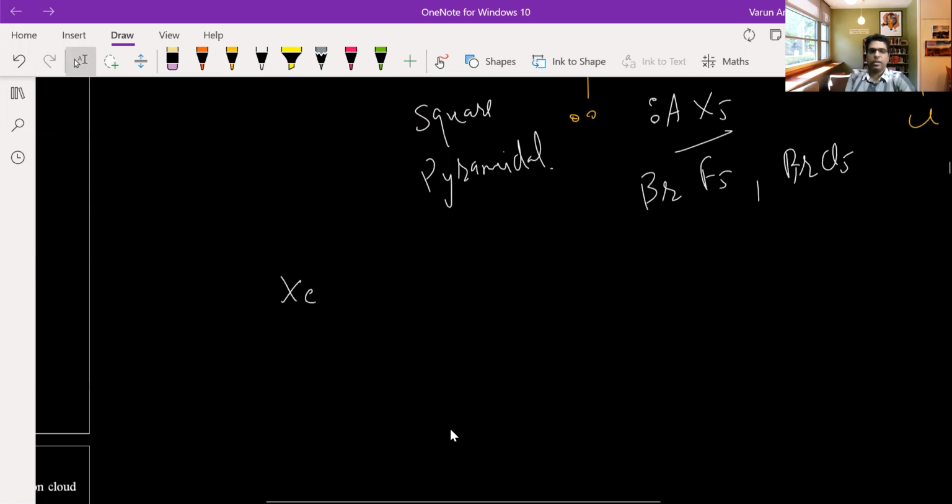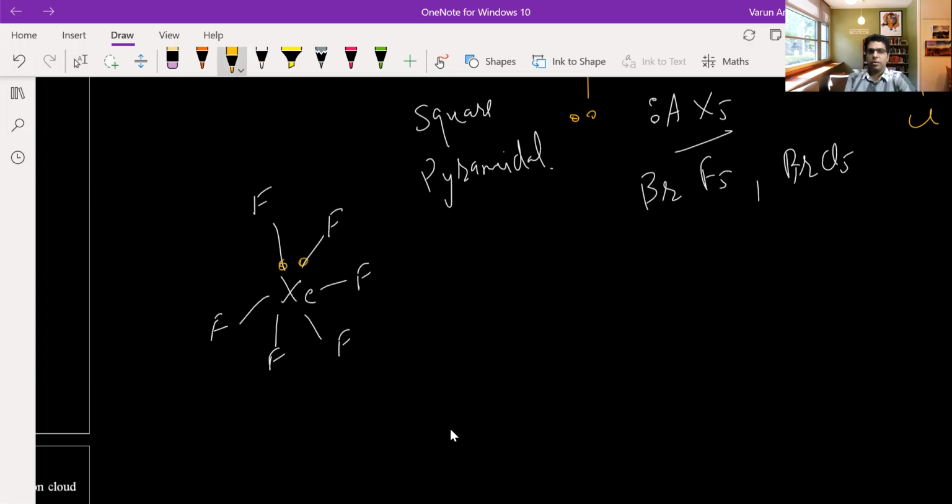XeF6: 1, 2, 3, 4, 5, and 6. Now xenon has 8 electrons. Xenon is a noble gas. So 6 electrons are in bonding and the remaining 2 electrons will be in the form of a lone pair.